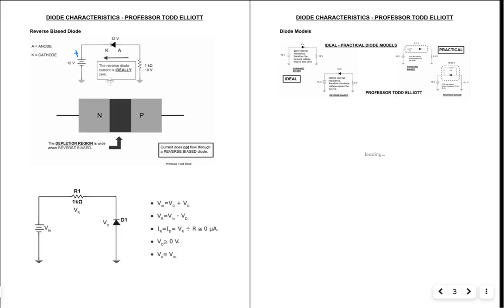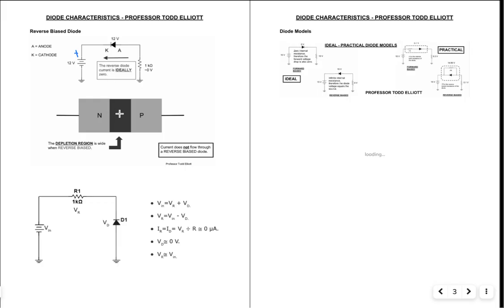And because of that, the diode is reverse bias. It's essentially acting like an open switch. So the current is going to be 0. In reality, it's going to be small microamps. That's called the reverse leakage current, or just simply the leakage current.